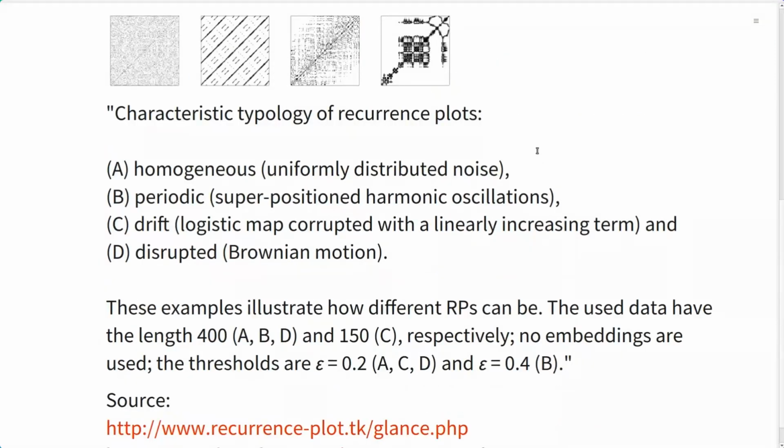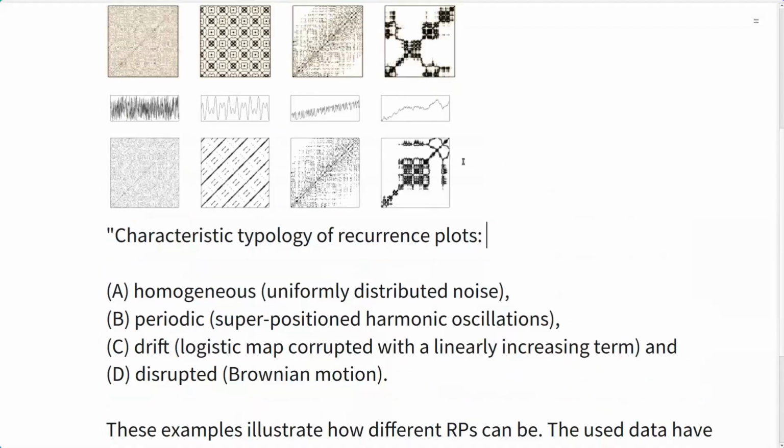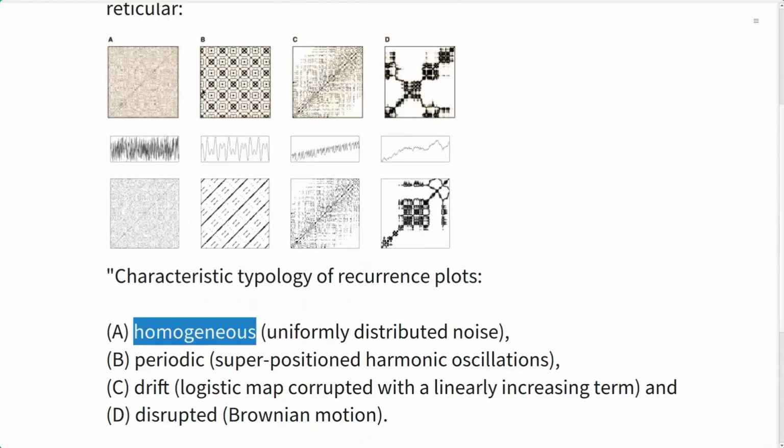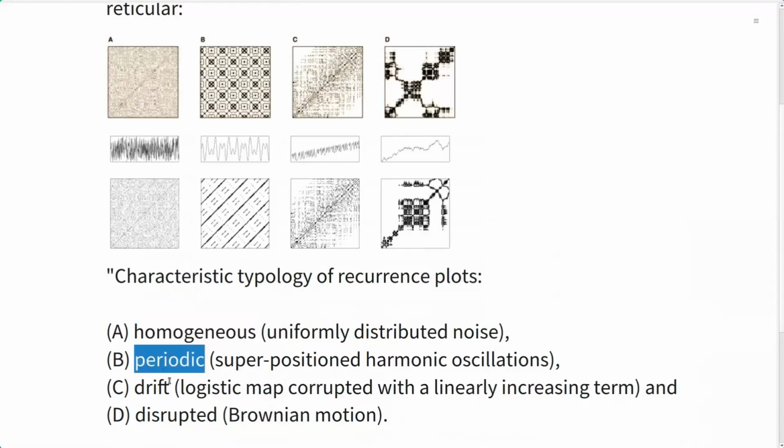Here's the definition from the recurrence plot website. They say that A is homogeneous, B is periodic, this C pattern here is a drift, and this other one is disrupted. It's a kind of random distribution, with the randomness distributed in some clusters, in some regions of the visualization. It helps us figure out what's going on with the data.